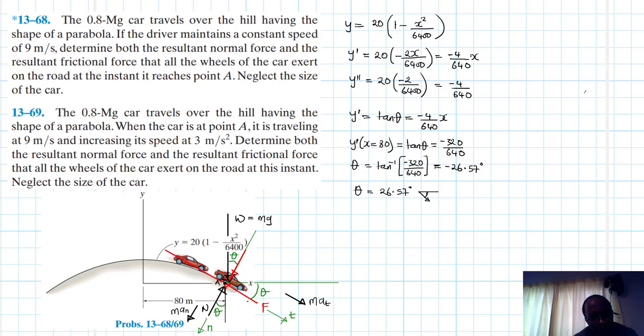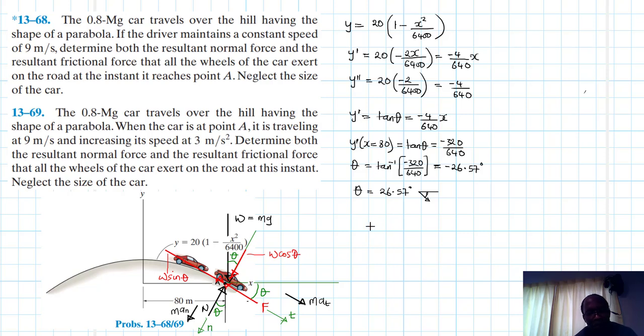All right, so these are the two components. So we have this one, which is W cos theta, and then we have this one, which is W sine theta. So these components, we need them when we begin to apply the equations of motion.